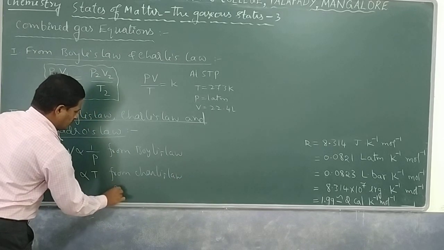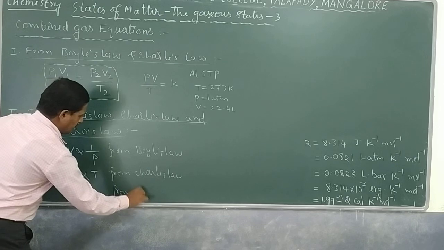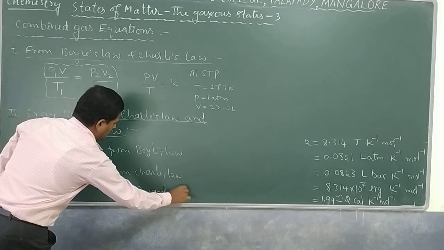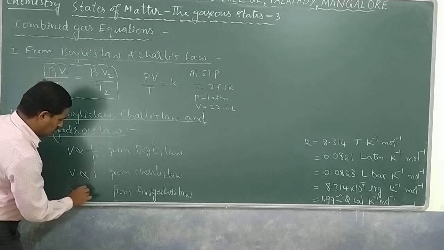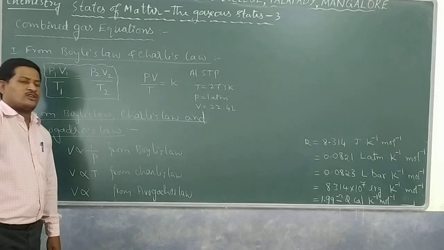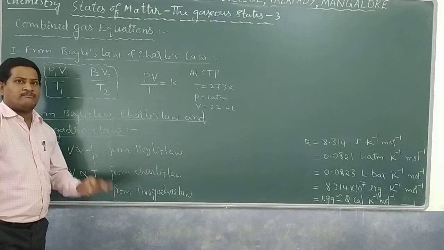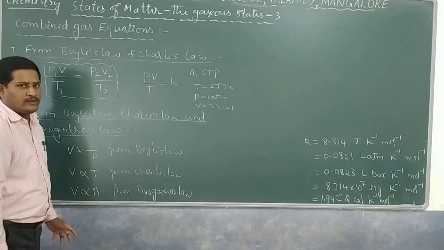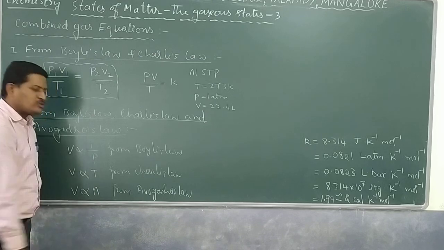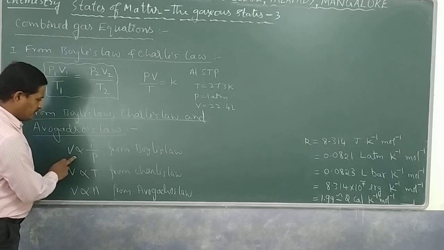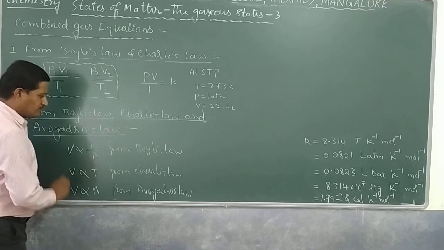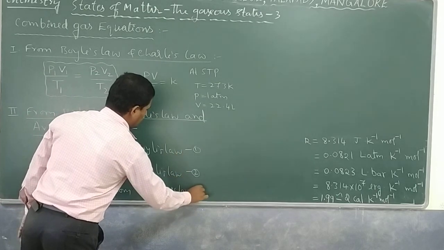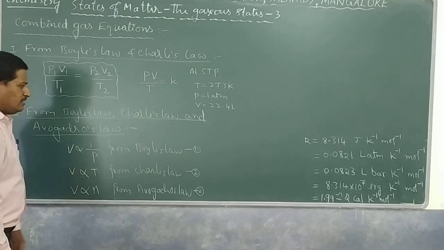Similarly, from Avogadro's law, it is observed that the volume of different gases at constant temperature and pressure contains Avogadro's number of molecules, or you can say 1 mole. So they are directly proportional here. This is from Boyle's law, this is from Charles law, this is from Avogadro's law. Let us take them as statement number 1, 2 and 3.